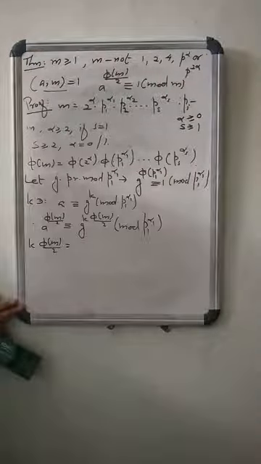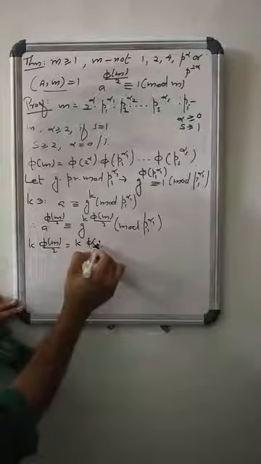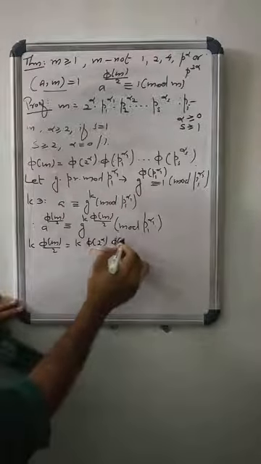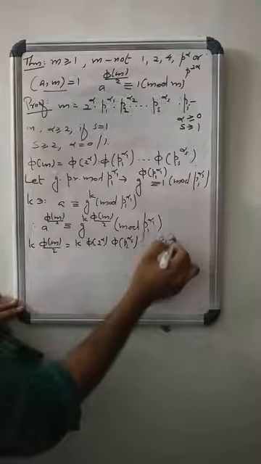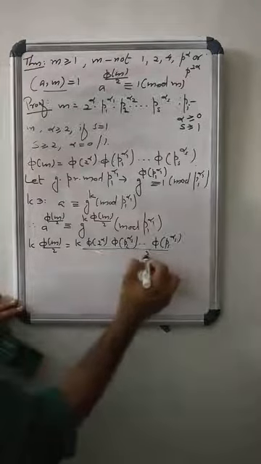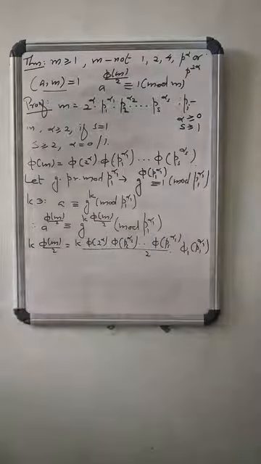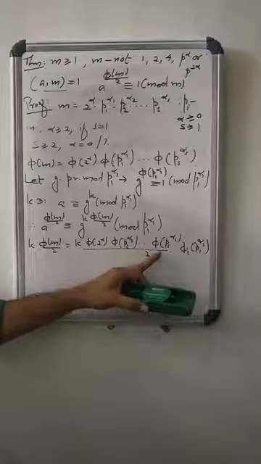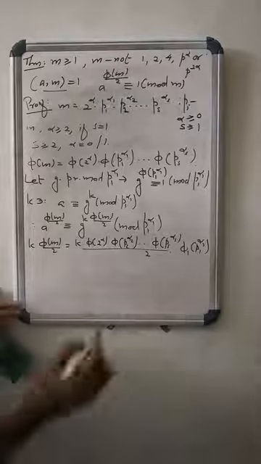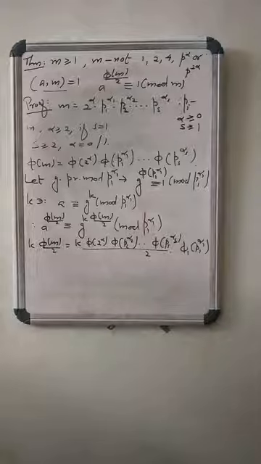So k into phi of m by 2 equals k into phi of 2 power alpha into phi of p2 power alpha 2, you can arrange this way, etc., into phi of ps power alpha s, all by 2, into what remains there? Phi of p1 power alpha 1.